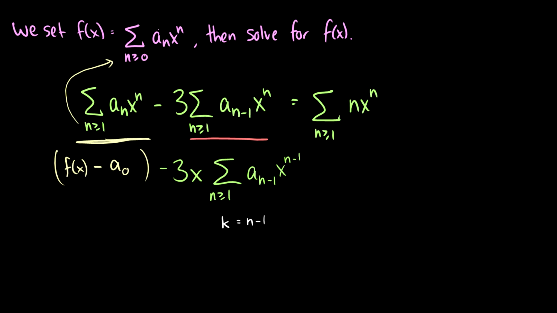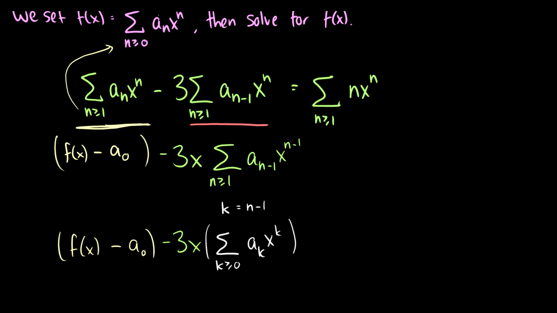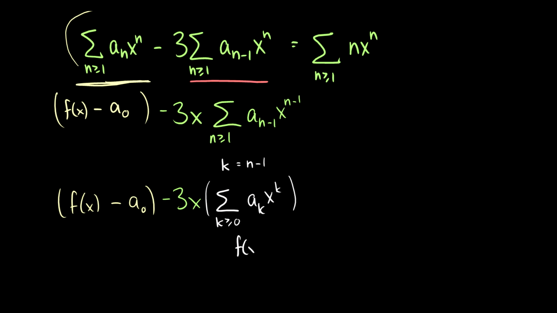So if I rewrite this first part, minus 3x, this is the same thing as the sum of k greater or equal to 0 of a_k x^k. And this is just the definition of the formal power series.